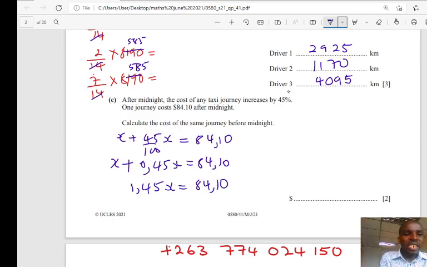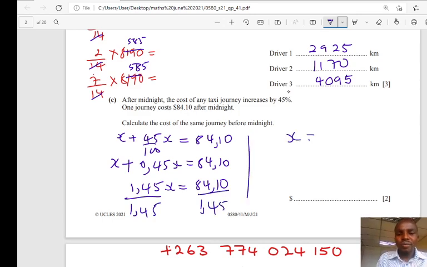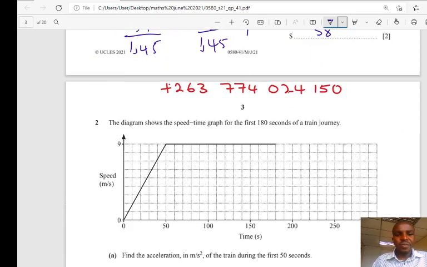To find x, divide both sides by 1.45. Then you get x equals 84.10 divided by 1.45, you get 58. So this one is $58. Then you can say you are done.